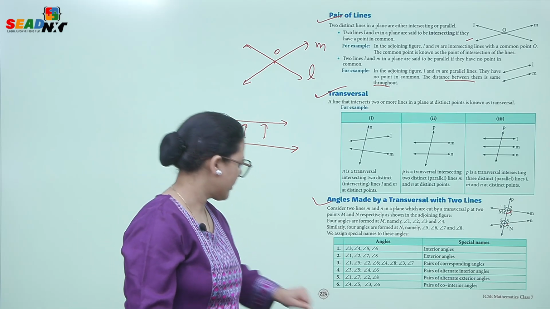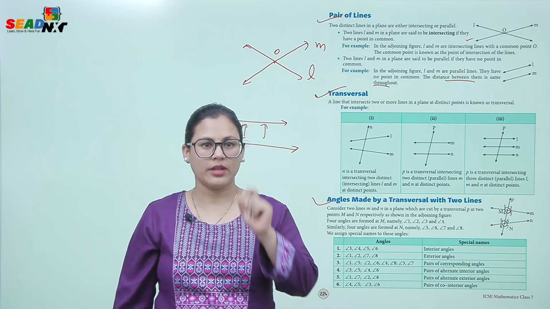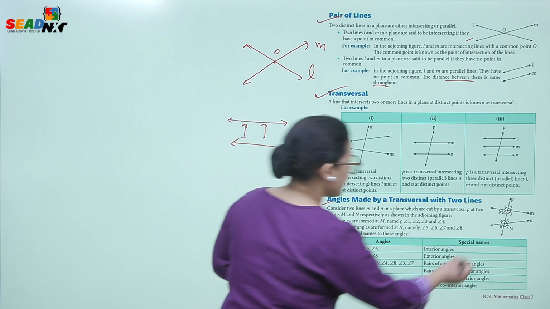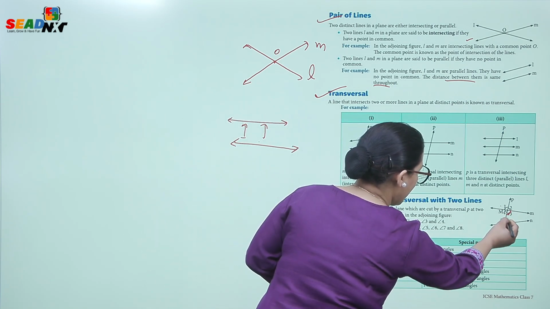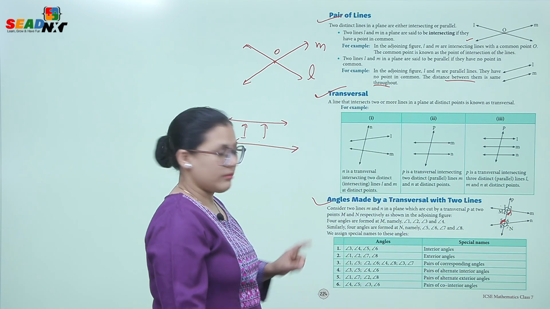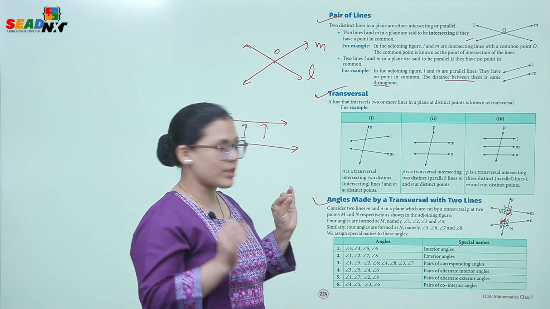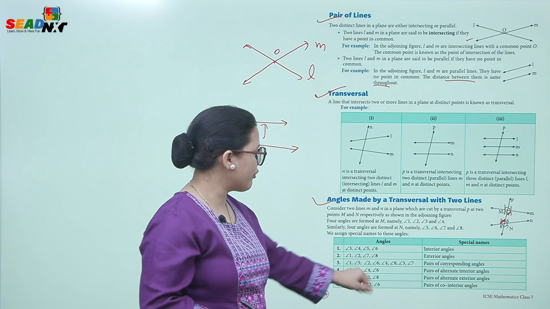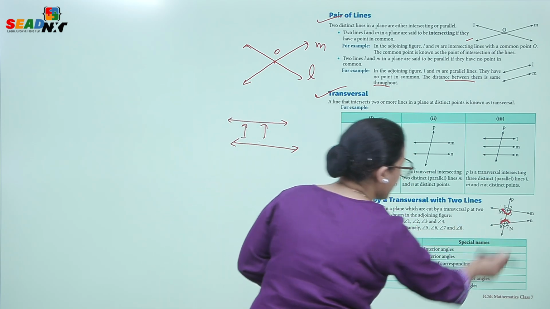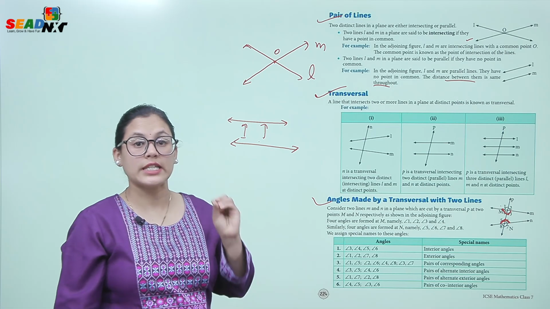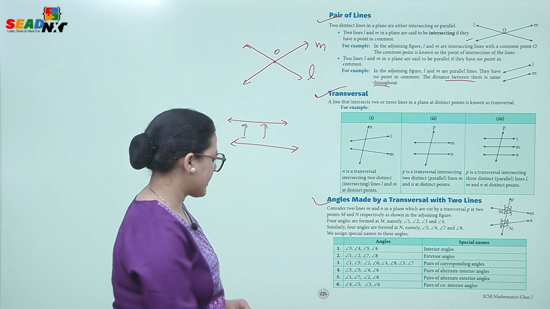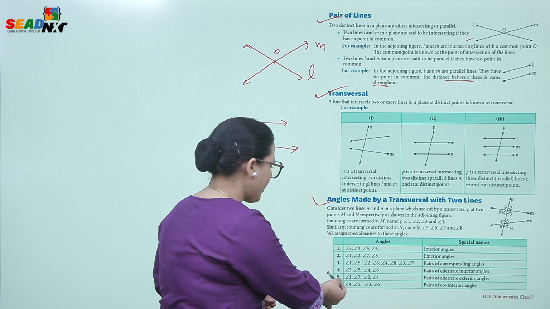Number 4. Angle 3 and angle 5. These are the pair of alternate interior angles. Similarly, angle 4 and 6. These are the pair of alternate interior angles. Next, 5.